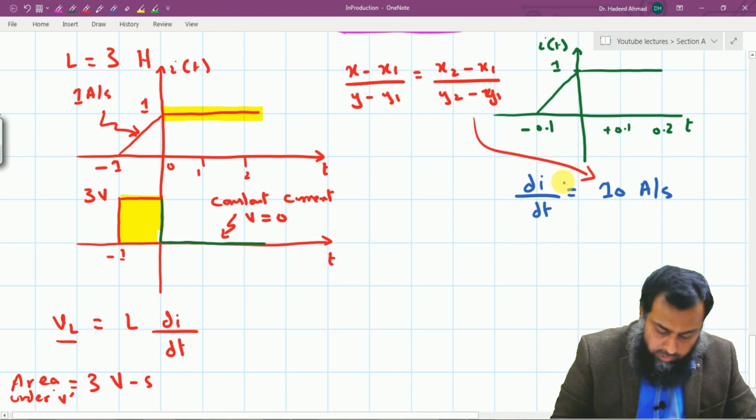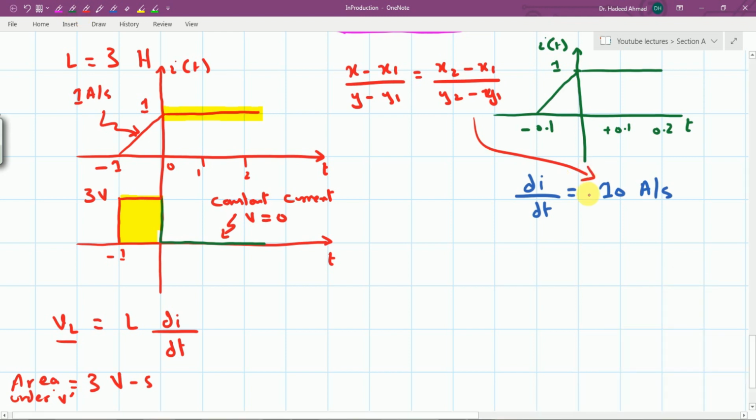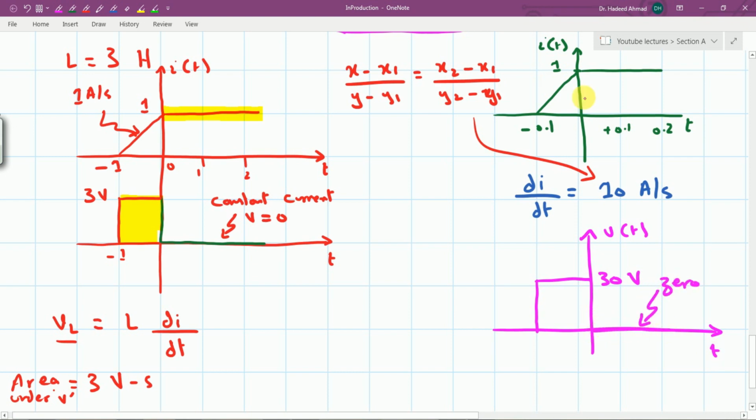Now if I draw the voltage waveform, then the voltage will become equal to 30 volt. If this is v of t and this is t, it shall have a value 0 after the current becomes constant.